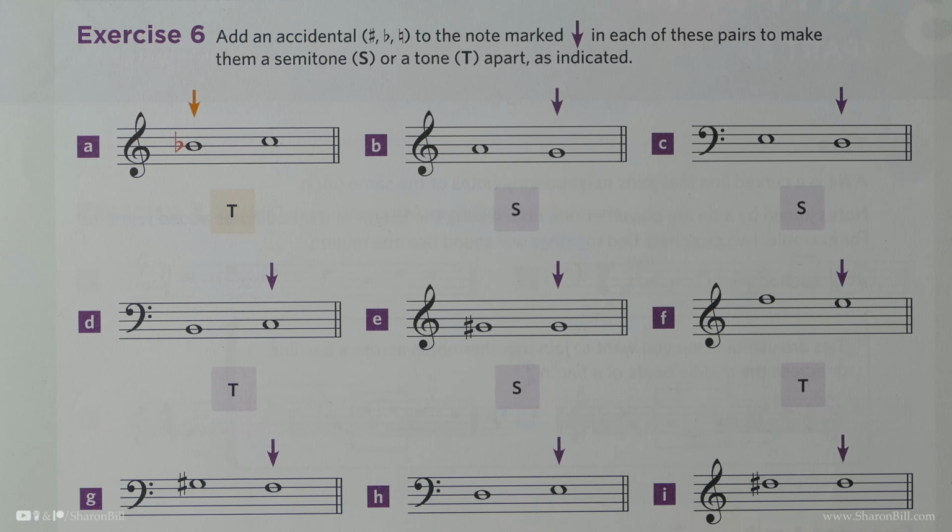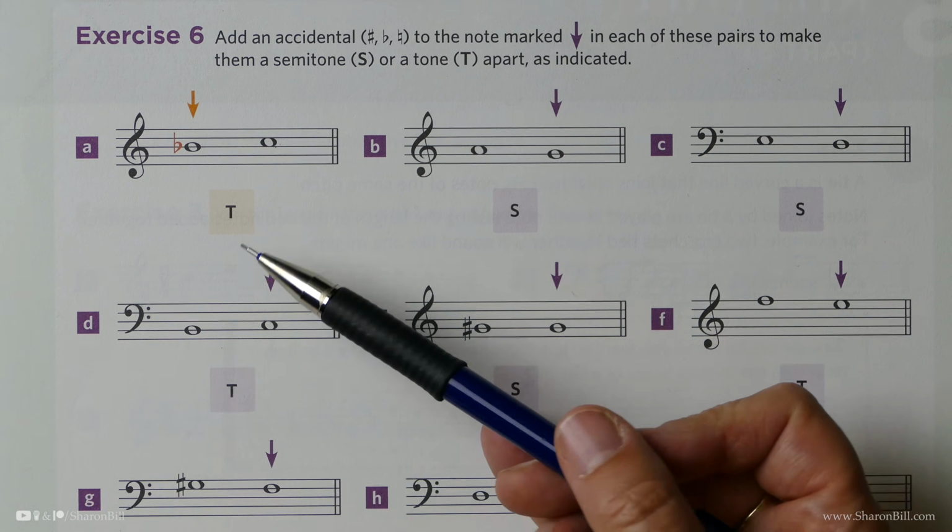Let's continue with this final exercise in the topic of pitch for the Discovering Music Theory on page 23 of the Grade 1 booklet. And so we continue with the topic of tones and semitones using sharps, flats and naturals, accidentals. And we're now required to create the intervals that are explained as required.